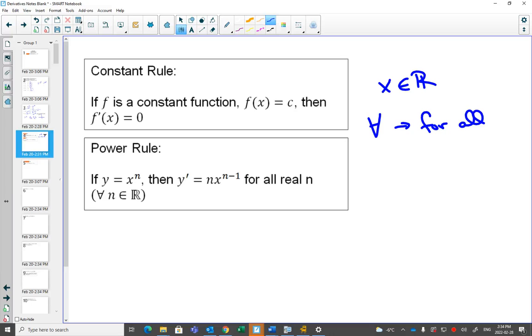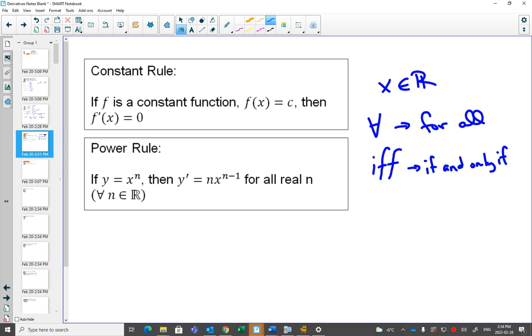Do you want to know some of my favorite math shortcuts? This is one of my favorites. If. Do you know what that stands for? It stands for if and only if.